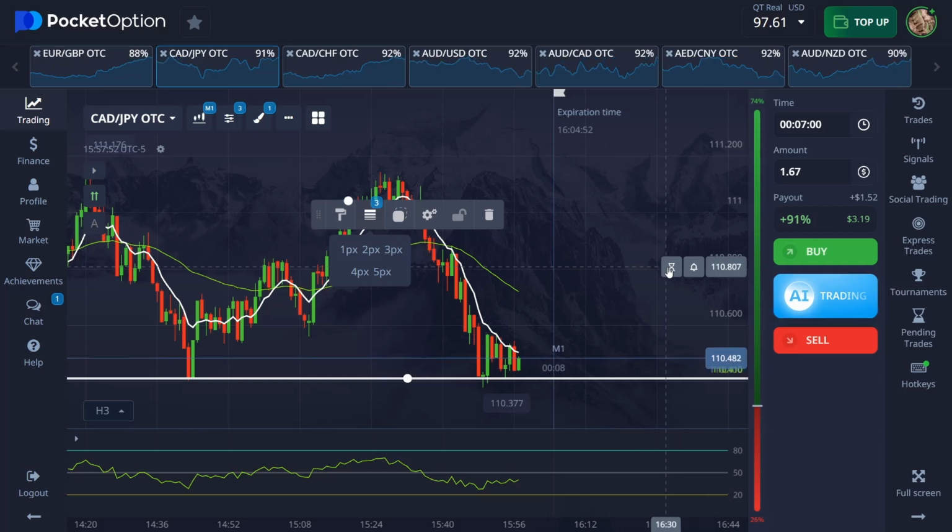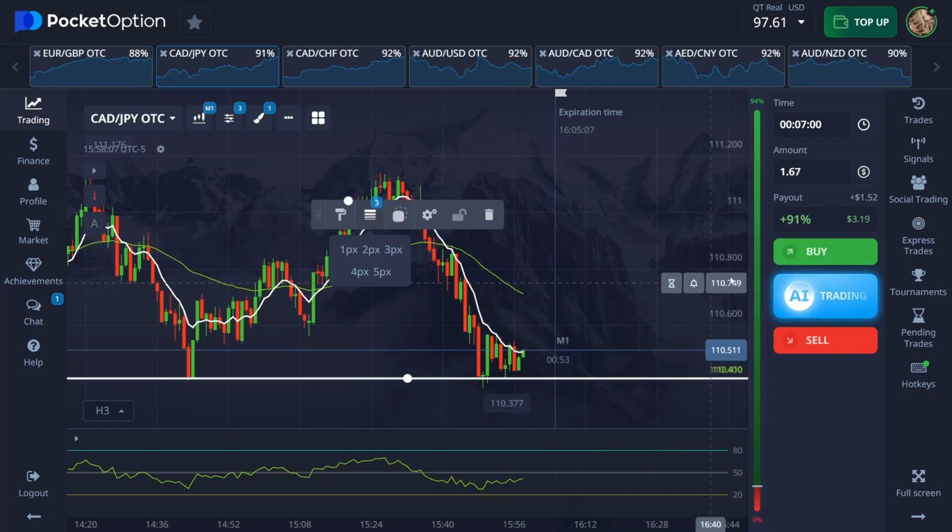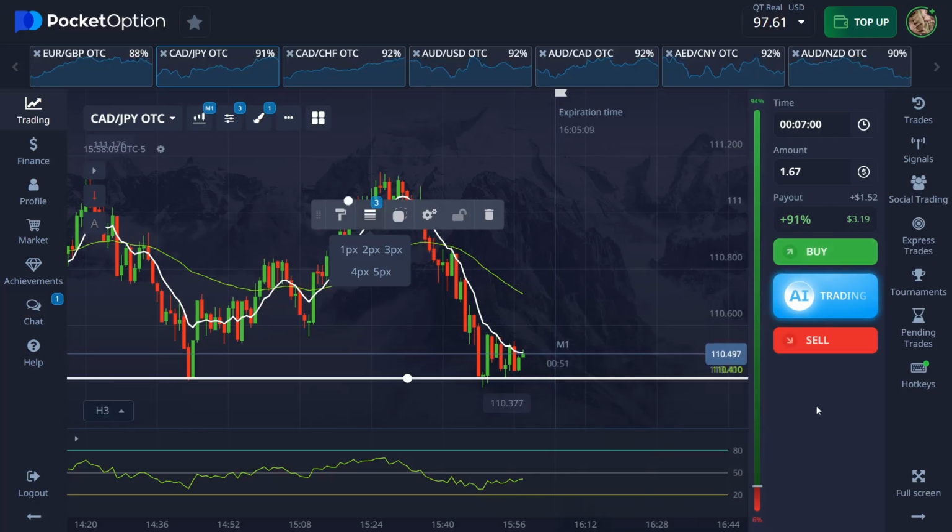You have a call, which is buy or go long if you are talking about forex. So you're basically buying the asset, and the opposite is sell. So you're basically selling, or you just do a put.